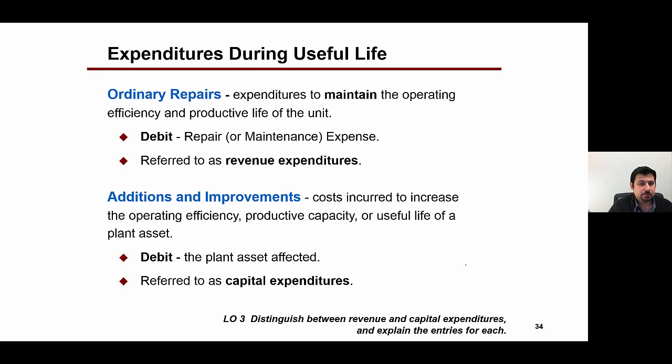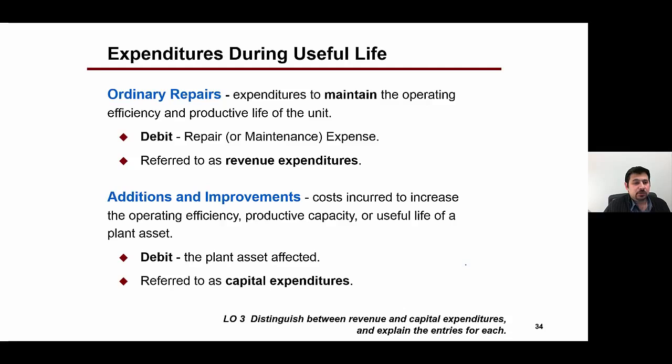Now, because of wear and tear, etc., companies might have some additional repairs or additions and improvements. When this happens during the useful lifetime, ordinary repairs are necessary in order to maintain the productivity of the asset at the same level, in order to maintain the asset operational and productive at the same level.